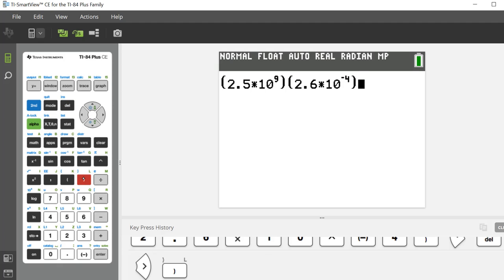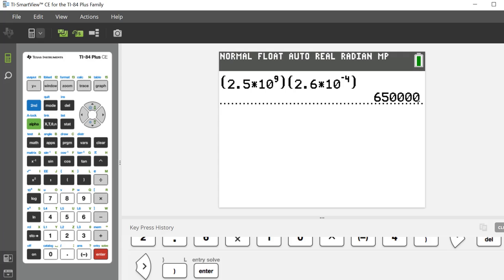There we go. 6500000. So if I put this decimal point between the 6 and the 5, I would need to say times 10 to the 1, 2, 3, 4, 5.